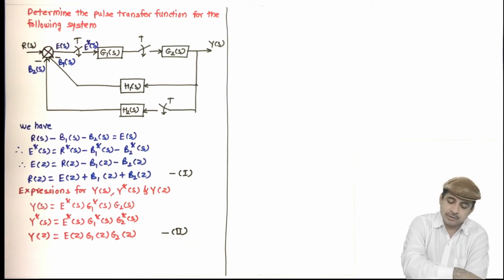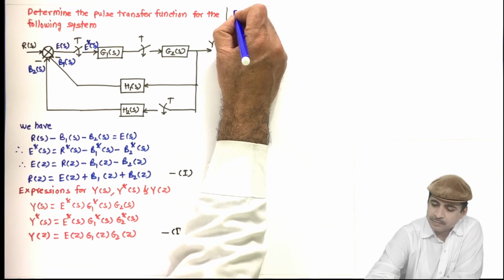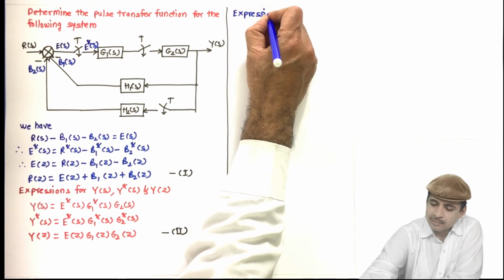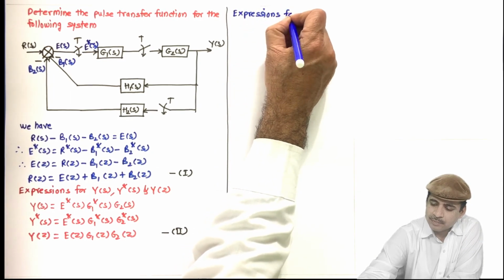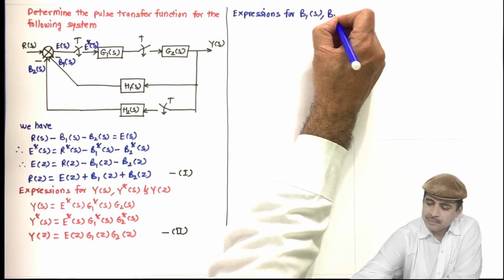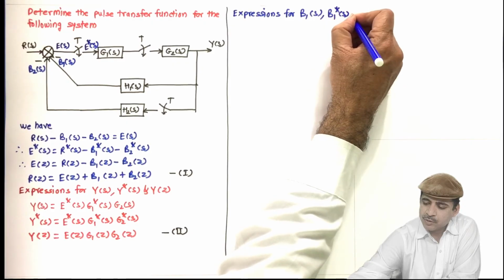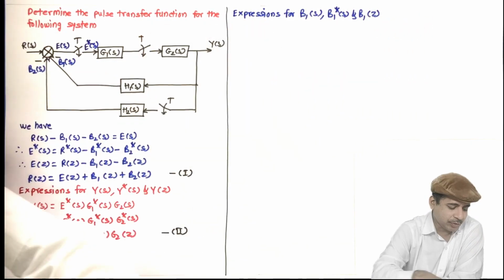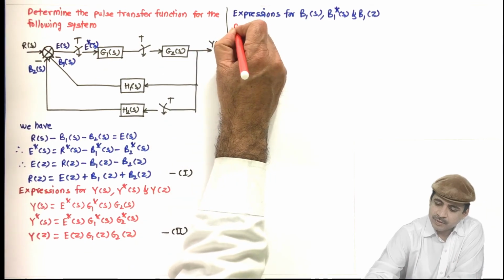So now let us find out the expressions for B1 of S, B1 star of S and B1 of Z. So what is B1 of S here?